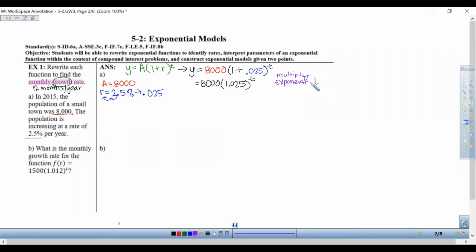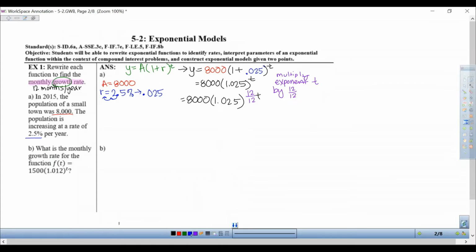which is t, by 12 over 12. Remember, 12 over 12 is really just 1. So I'm going to just put 12 over 12 as a coefficient on t in my exponent. So I still have everything else the same. I just have 12 over 12 as my exponent.